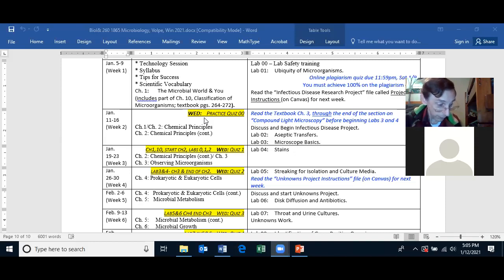The multiple choice quizzes must be taken by Respondus Lockdown Browser, and you must download the Respondus Lockdown Browser before you can take the quiz.